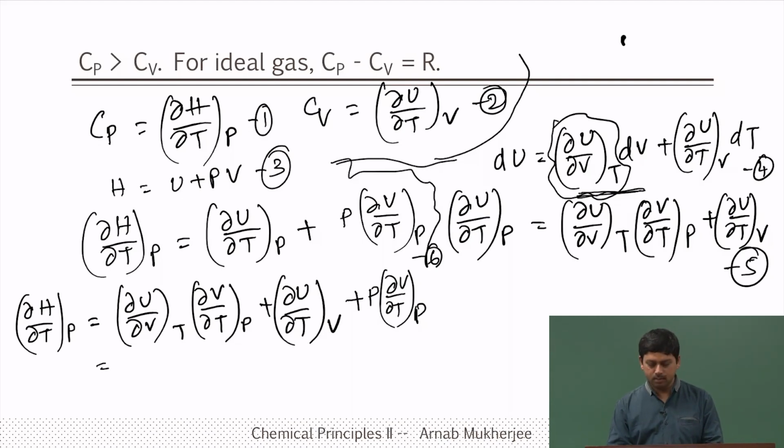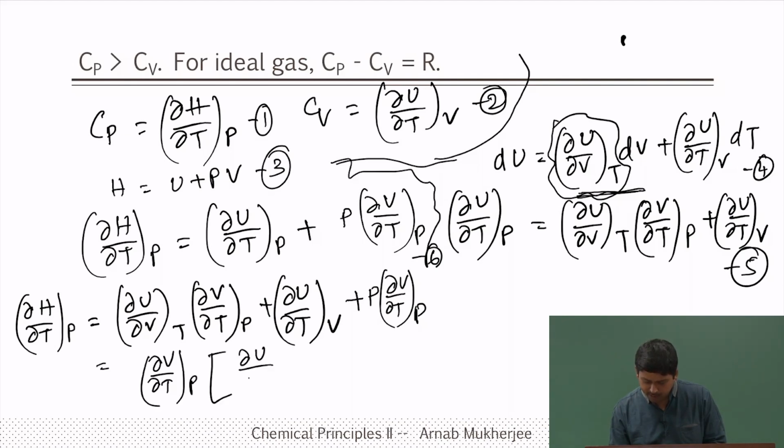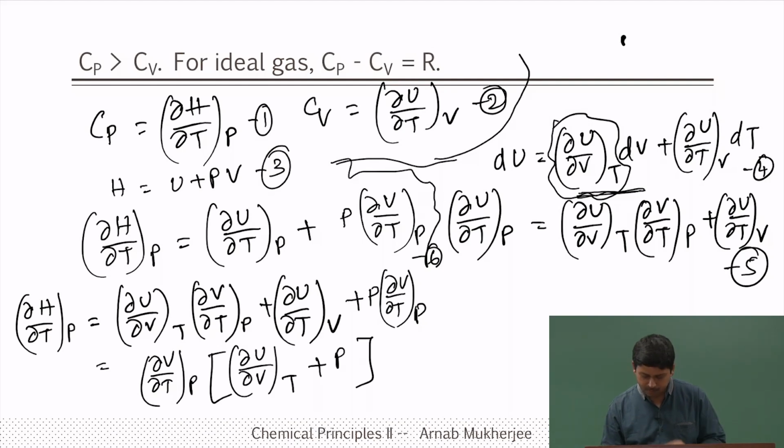No. Del v by del t at p? No. But is something common? Yes, del v by del t at p is common to these two equations. So I am going to take that common, which gives me del u by del v at t plus p, plus du by dt at v. What is this quantity?